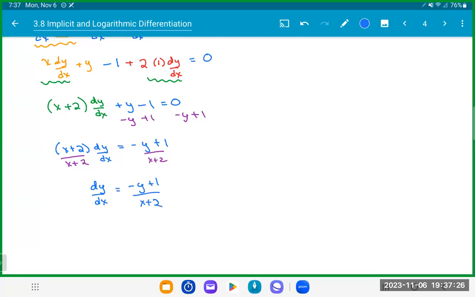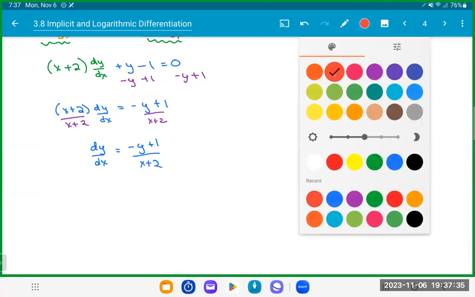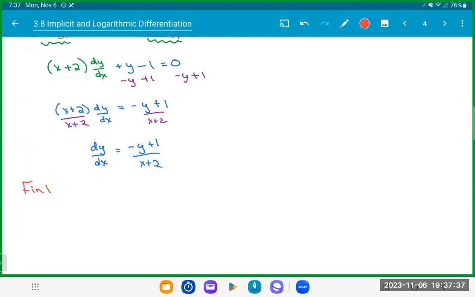Okay. And the last thing we need to do then is to find that slope. Finding the slope at that point, negative 5, 2/3, that gives me dy/dx is equal to negative 2/3 plus 1 over negative 5 plus 2.